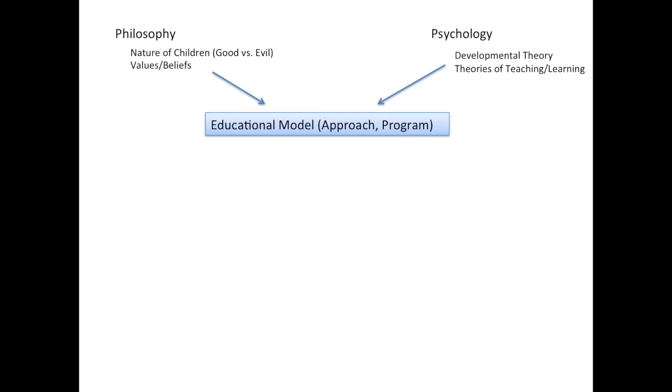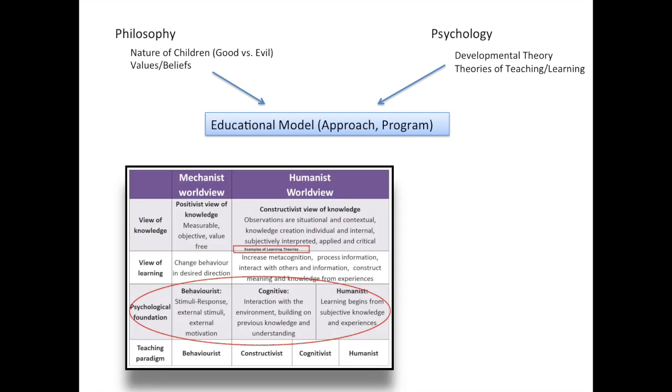So we see that education borrows from philosophy in terms of establishing the beliefs and the values that the educational model has. But it also borrows from the field of psychology. From psychology, we have numerous developmental theories and theories of how teaching and learning occurs that psychologists have researched and have published and shared with educators.